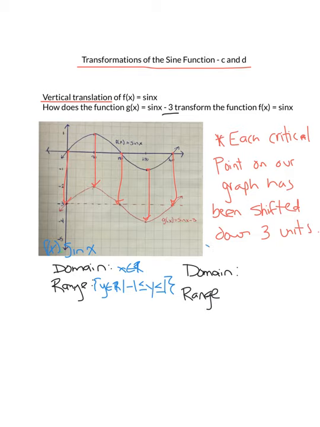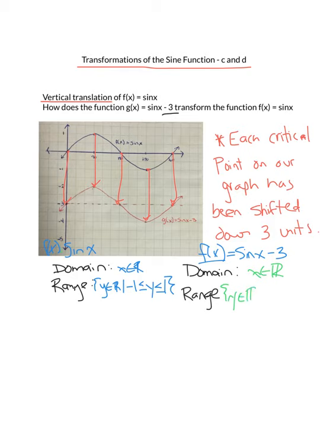Now, when I'm talking about my domain and range for f of x is equal to sine x minus 3, I know I used g of x there, but it doesn't really matter. My domain is still the same, so my domain is still x ∈ ℝ. This sine wave will go forever, but my range changes.